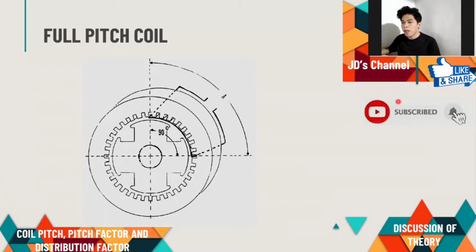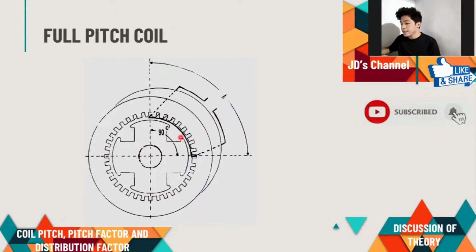So in this figure, the angle A, the angular distance between the coil sides, we can see here, the angular distance is 90 mechanical degrees.